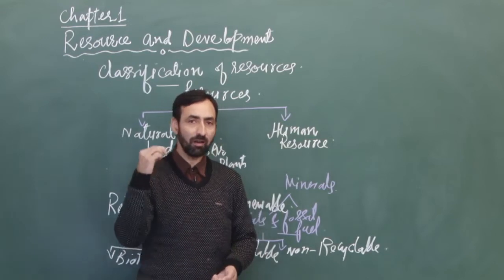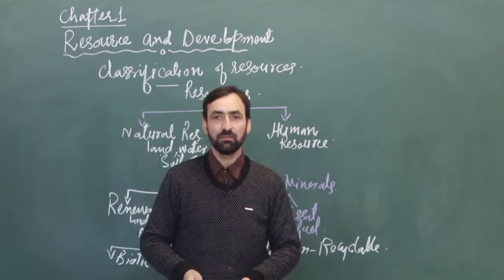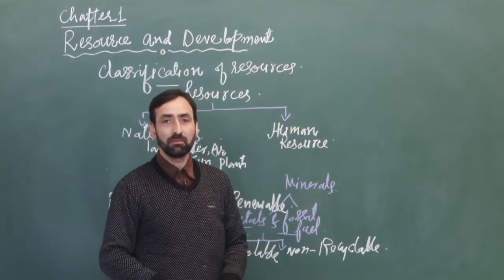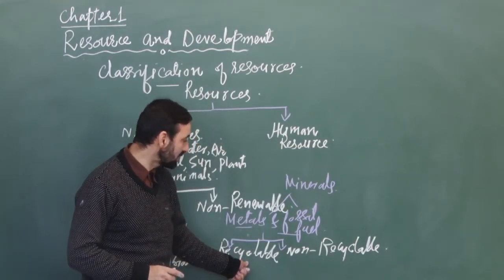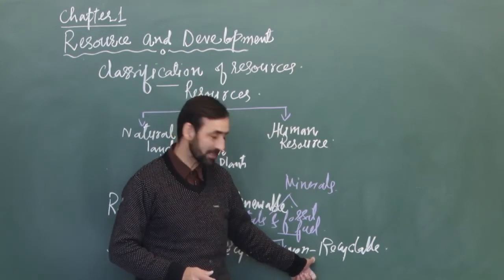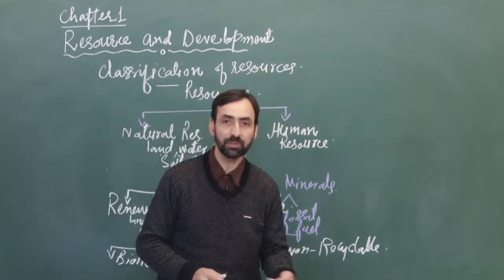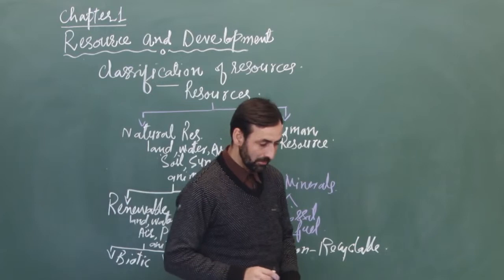It means all the petroleum has been utilized by that vehicle. In this way, some resources can be artificially recycled, and some cannot. Those which cannot be recycled are known as non-recyclable resources. Examples I have given here are fossil fuels: coal, petroleum and natural gas.